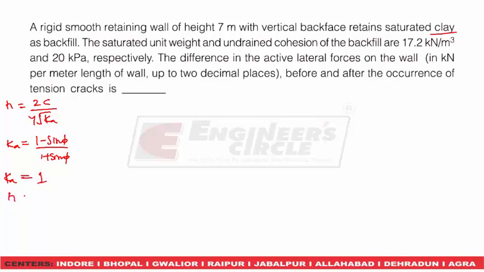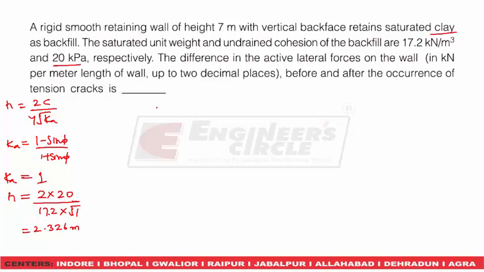So depth of tension crack will be equal to 2 into c, that is undrained cohesion, sorry, undrained cohesion is 20. So 2 into 20 by gamma, that is 17.2, into root of Ka, that is root of 1. So it comes out to be 40 by 17.2, that is 2.326 meter.